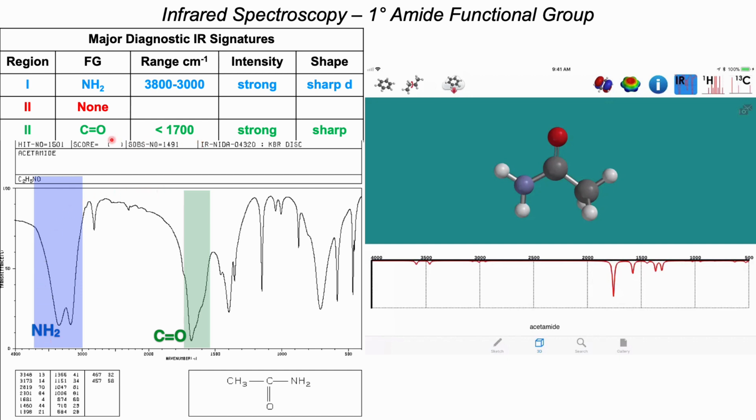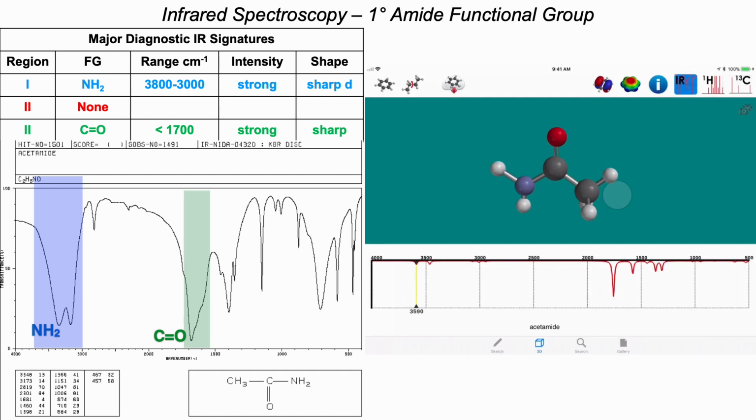And now with an amide carbonyl, the CO stretch is going to occur below 1700, as seen in this molecule called acetamide. The reason that amides have the carbonyl below is due to resonance delocalization of the lone electron pair on nitrogen up into the oxygen. So the double bond character decreases, sending that signal below 1700.